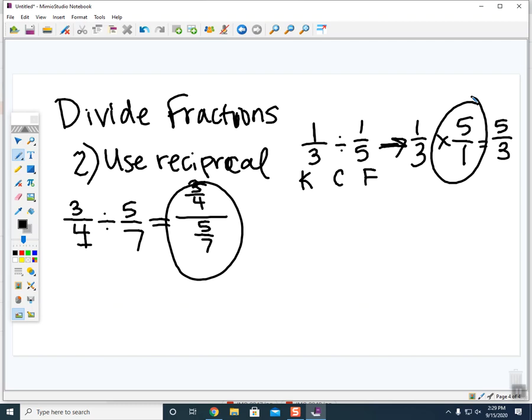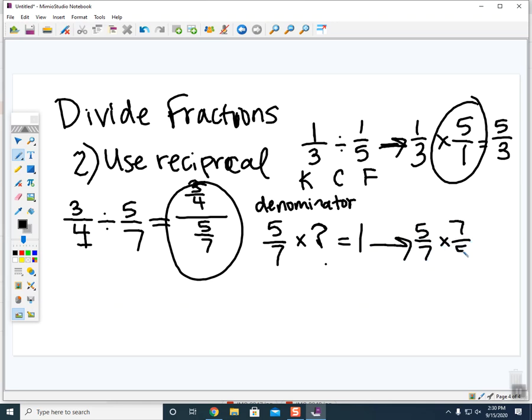My denominator in this case is 5/7, and I want it to equal 1. So 5/7 times what is going to equal 1? Well, this is where a reciprocal comes into play, right? So I've got 5/7 times 7/5. These cancel out, right? It just gives me 1.